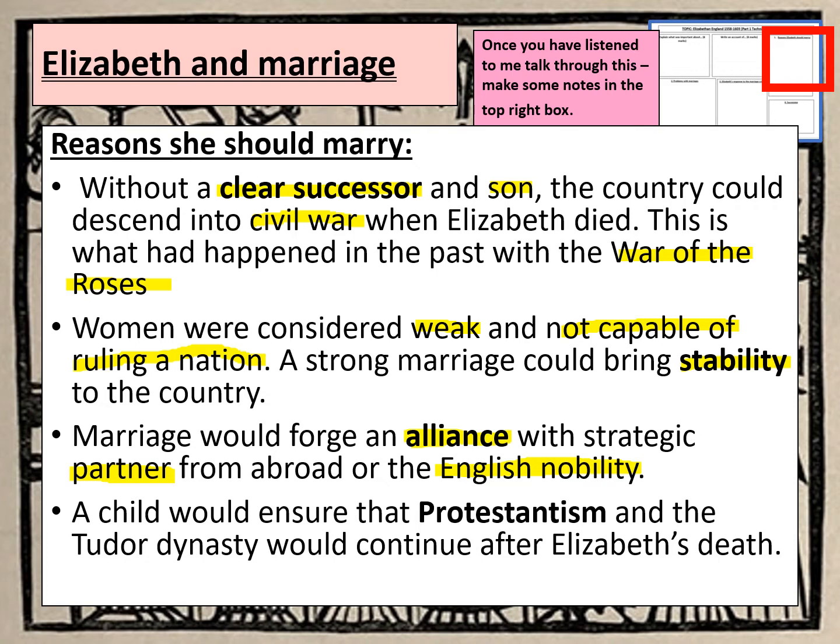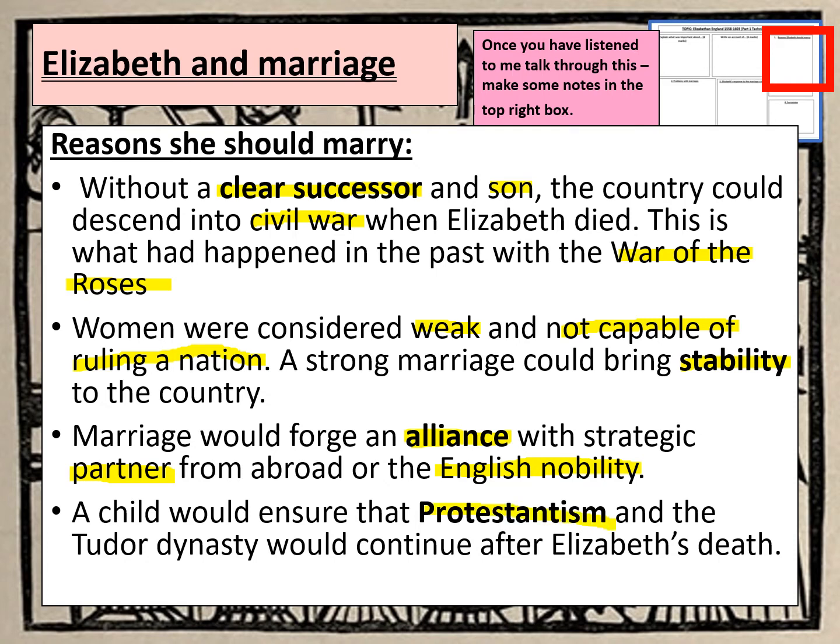But there was also an additional reason at this time, and this was to do with religion. If you remember, Henry had broken away from the church in Rome, the Catholic Church, in the 1530s. Since that time, England had gone through Protestantism, but it had also swung back to Catholicism under Mary. Elizabeth's role was also seen as being the protector of this new Christian religion, Protestantism.